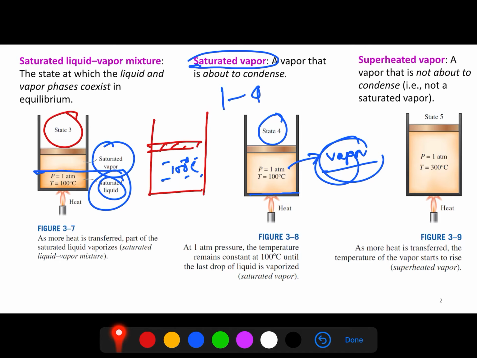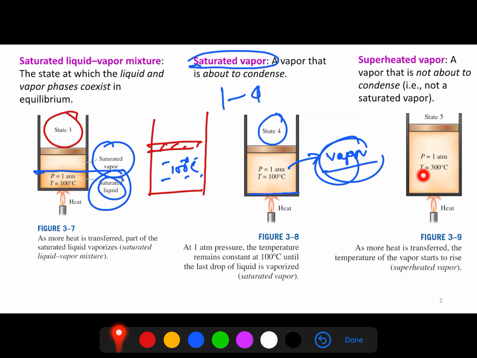When it is state 4, it is only a single phase, because we have only vapor. So phase change already completed, it becomes a single phase, which is only the vapor. And now if we transfer more heat, then what will happen?